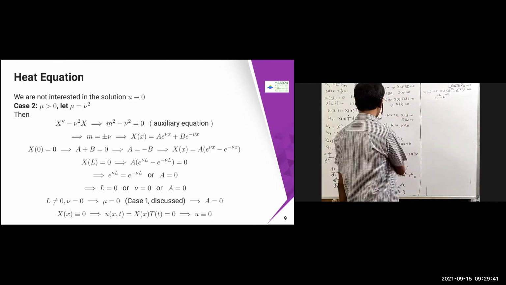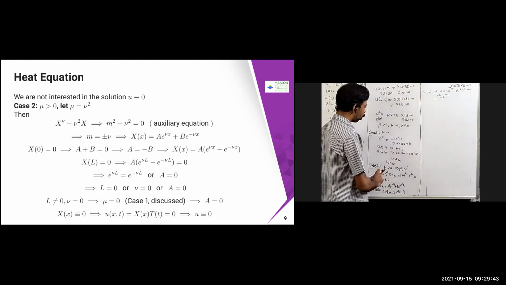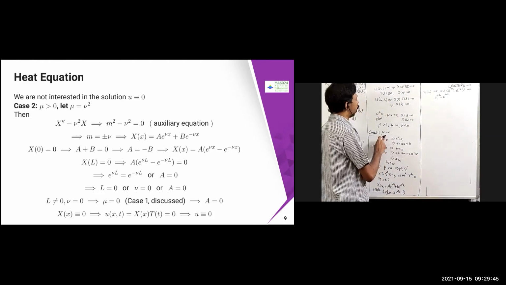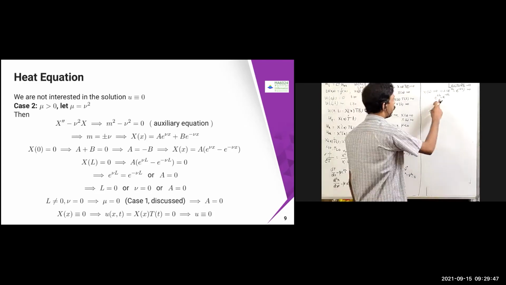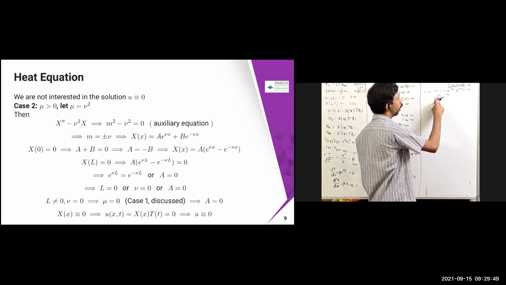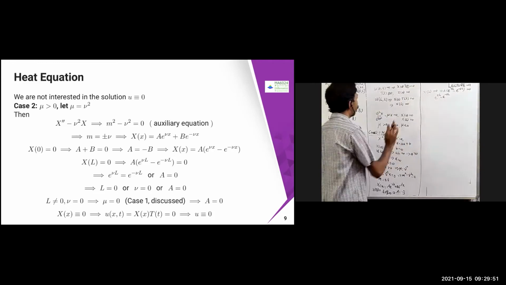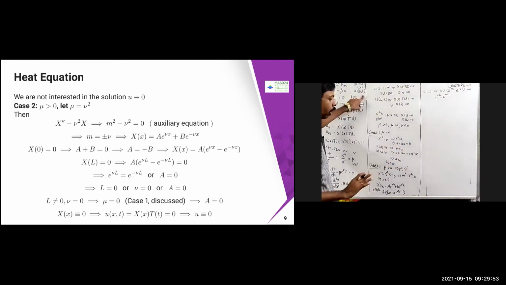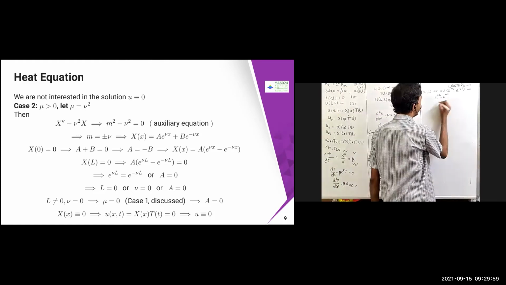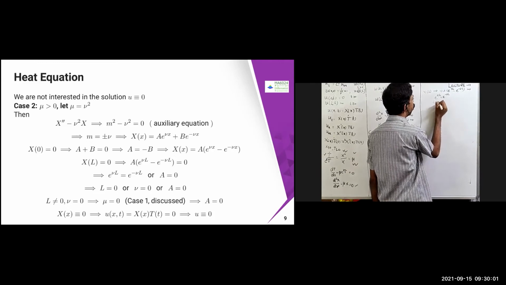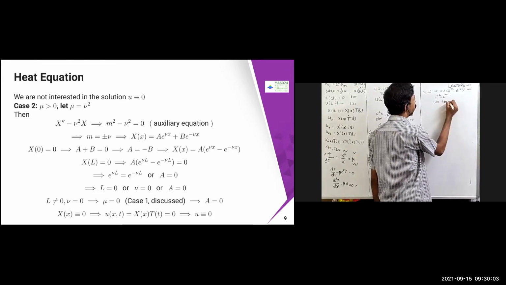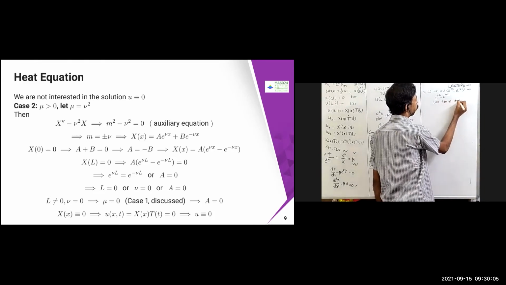But ν equal to 0 means automatically μ equal to 0. μ equal to 0 we already dealt with, so that is not of interest. Only in this case, L equal to 0, the interval is going to become a zero interval. Nothing is going to be there, so that is also not possible. So I'm just going to assume L not equal to 0, μ not equal to 0, which is going to imply A equal to 0.